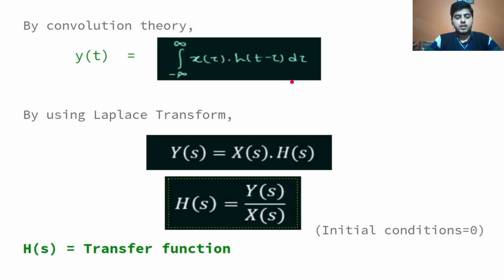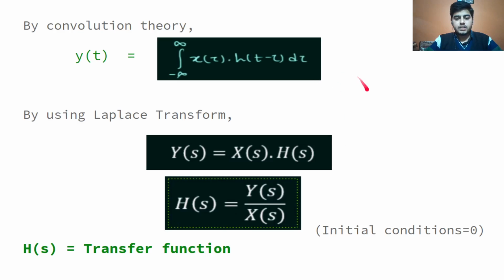Now here comes the beauty of the Laplace transform. What we can do is take the Laplace transform of both sides and see that this y(t) will get converted into capital Y(s), and this whole integral will get converted into this multiplicative term. Now I am not going into the derivation part.